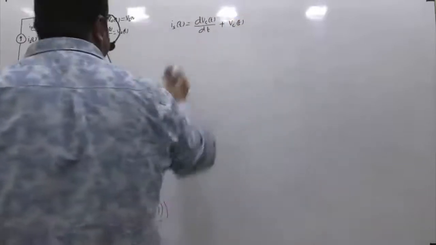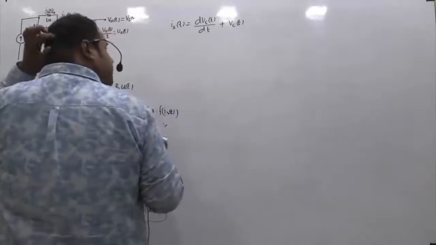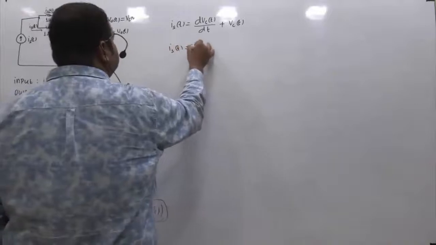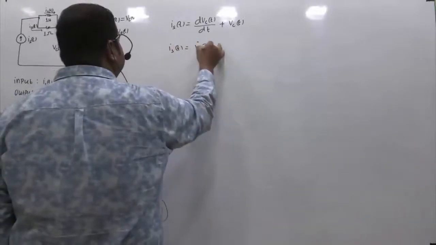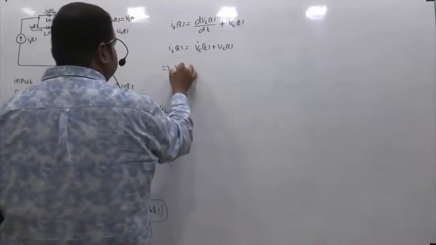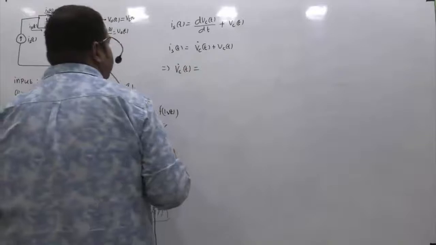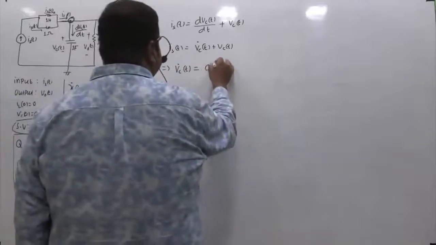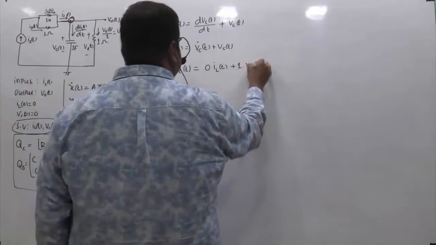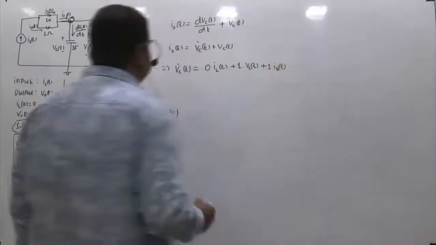So now if you try to rearrange these equations, how it should be. This is Is of t equals Vc dot t plus Vc of t. So this implies Vc dot t equals 0 into IL of t plus minus 1 into Vc of t plus 1 into Is of t, right?